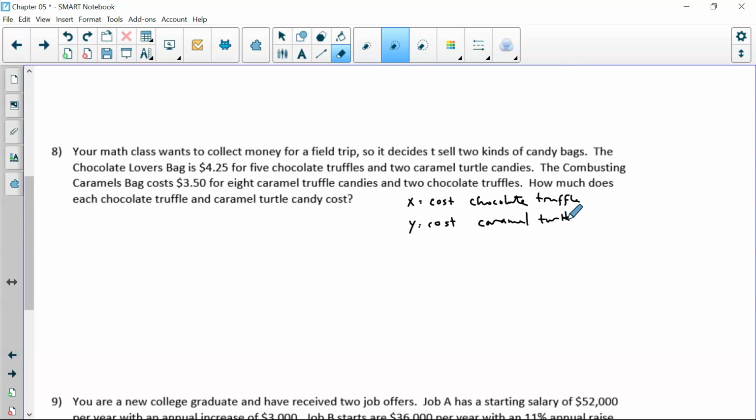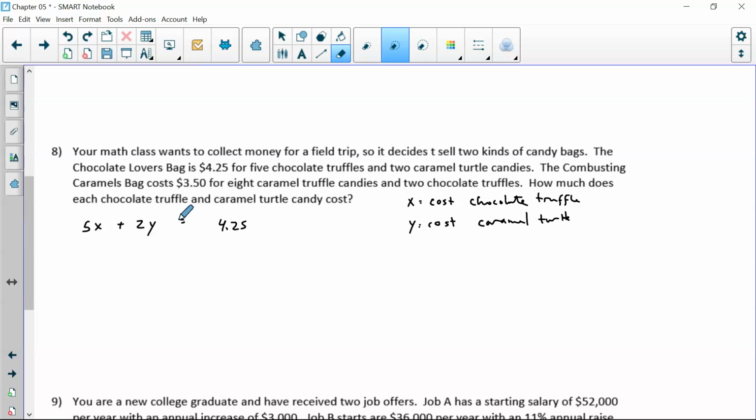Now our first type, the one that's $4.25, the Chocolate Lovers. We have 5 of the chocolate truffles, so the cost would be 5 times x, plus, for the caramel, we have 2 of them, so 2 times the cost, 2y, equals 4.25.